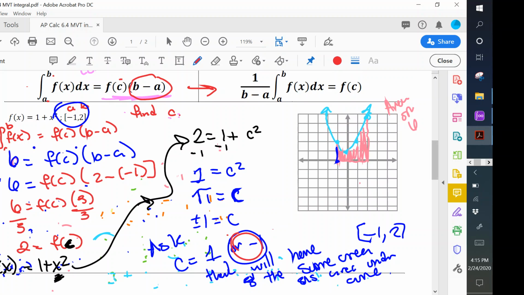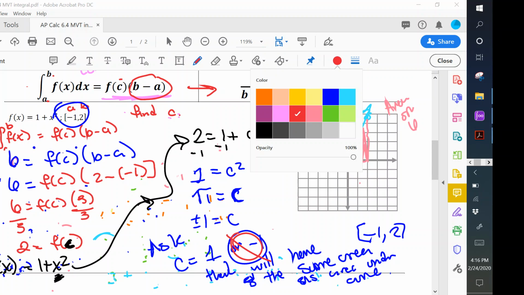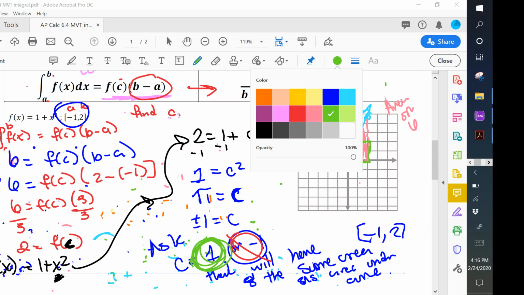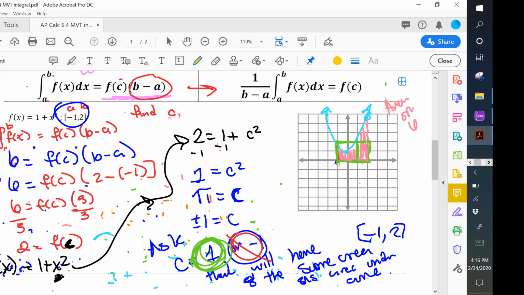Negative 1 does not work because if I was to make a little rectangle right on the line, there would be no width. But if I was to make a rectangle right on 1, my other option, right here, and I make this little rectangle like so, according to this theorem, I can see that this will be the same area, because whatever area is missing right here has already been accounted for.